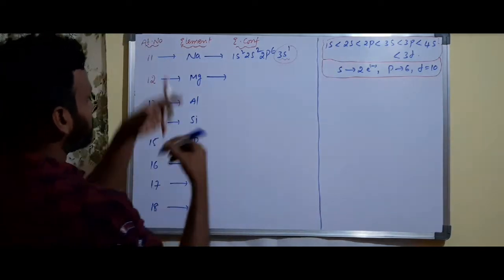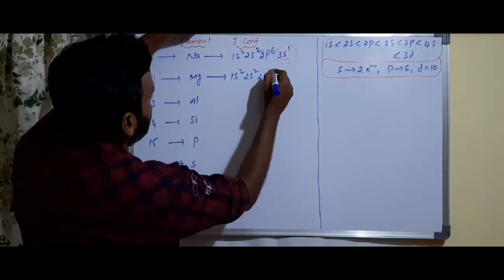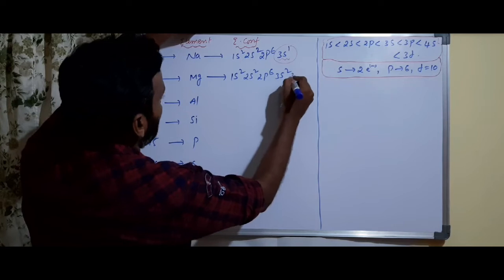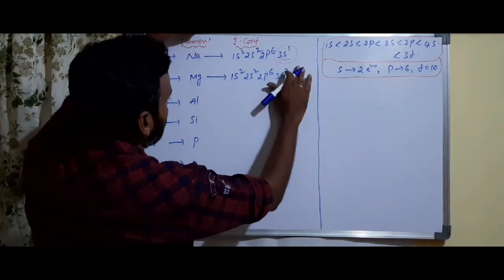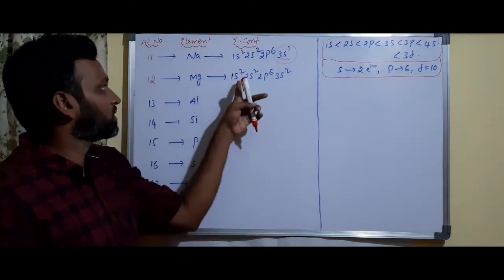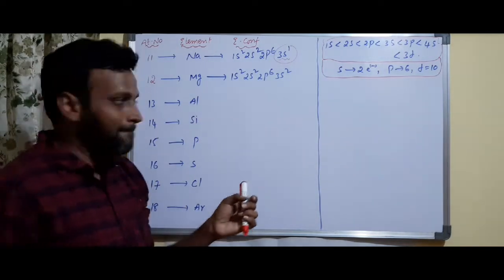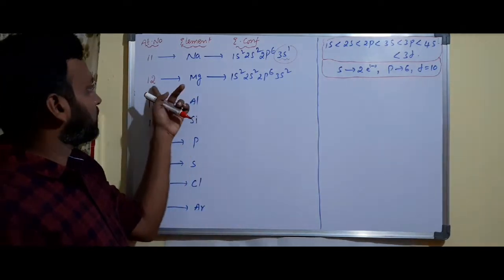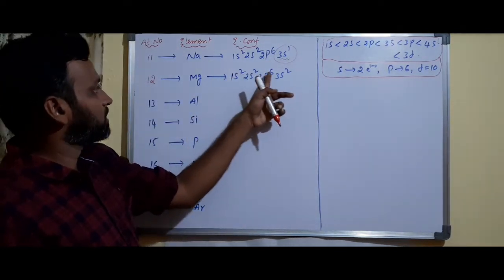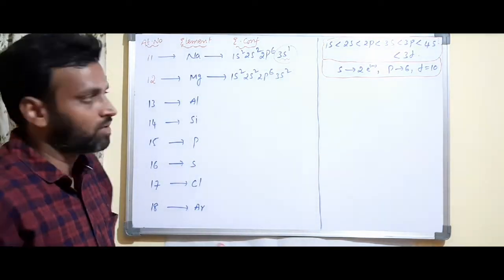Let's see. The magnesium configuration is 1s2, 2s2, 2p6 and 3s2. Okay, 12 is magnesium, 1s2 and 2s2 and 2p6, 3s completely filled here. So magnesium's atomic number is 12: 2 plus 2 plus 6, 10, and 10 plus 2, it's 12.